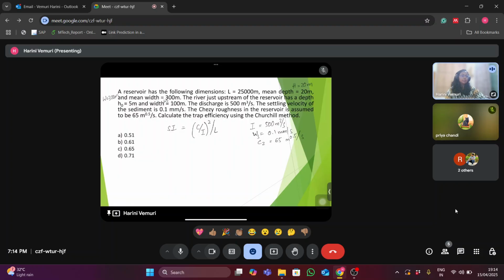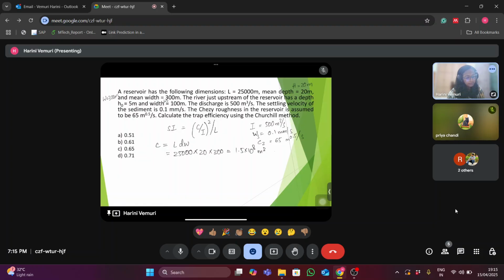So first we have to calculate the sediment index. For that we need the capacity of the reservoir, inflow and length of the reservoir. Capacity of the reservoir is calculated as length into width into depth. That is 25,000 into 20 into 300, which is equal to 1.5 into 10 power 8 meter cube.